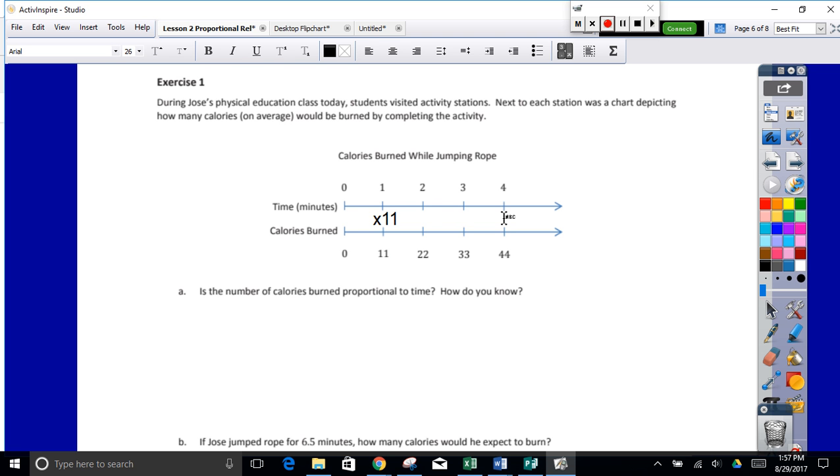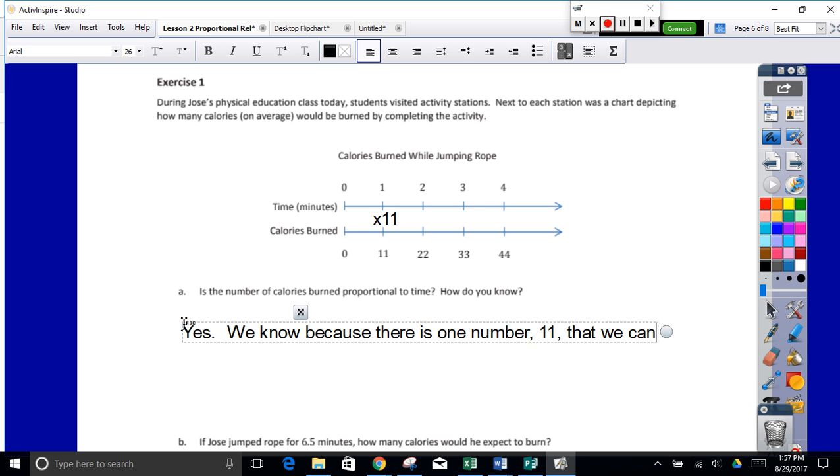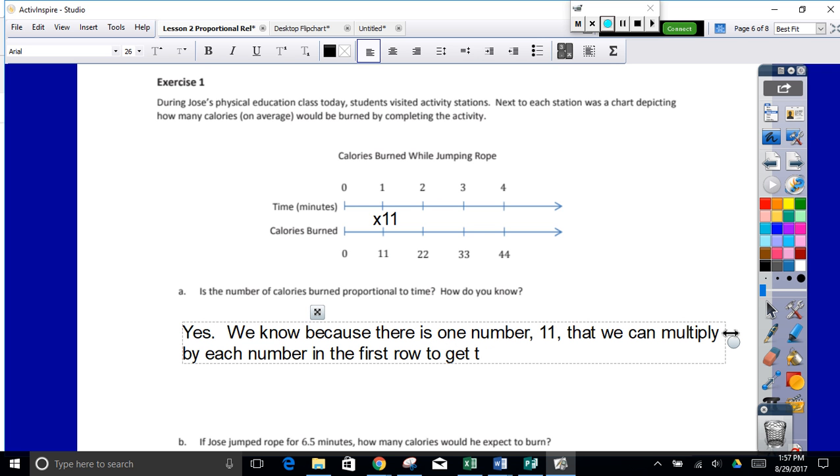And 4 times 11 is 44. So we would say, yes, we know because there is one number, 11, that we can multiply by each number in the first row to get the numbers in the second row.